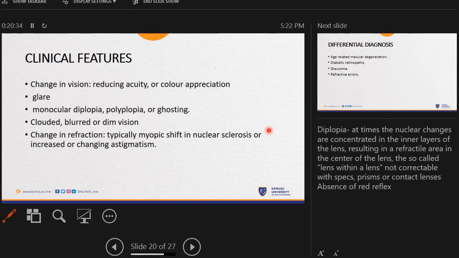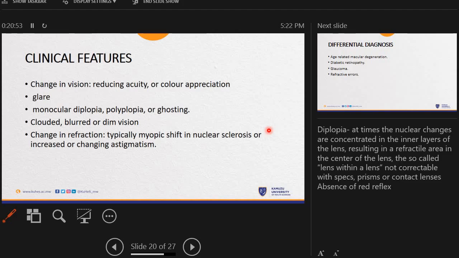So it's like you formed another lens within a lens. This one will be refracting light. The general lens will also be refracting light. So you're going to be forming two different images, or even multiple images on the retina.